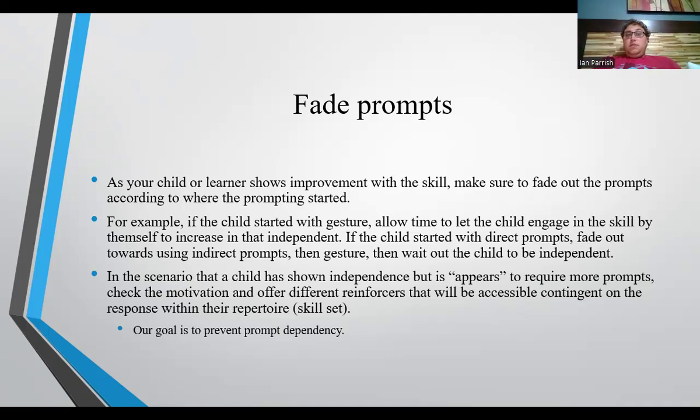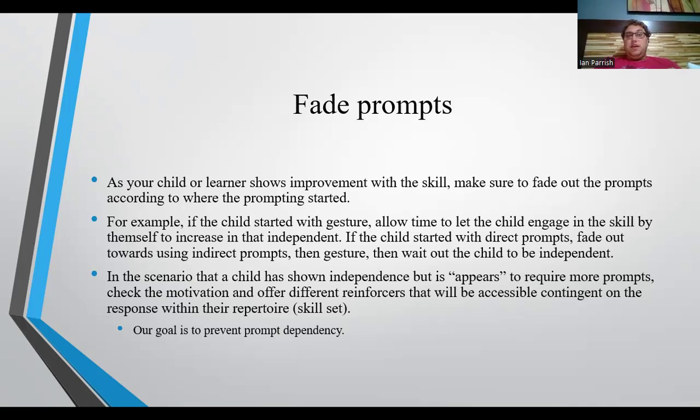So they may not be as motivated for chips in that moment until you say, hey, great, I'm not going to open it for you, you got it. So you're fading out any kind of prompt that you don't want to do for them. And if their motivation is intact with really wanting the chips, they will do it.